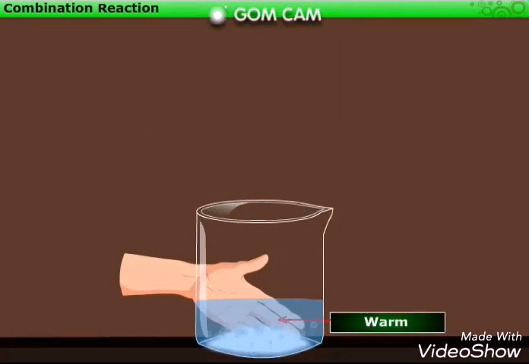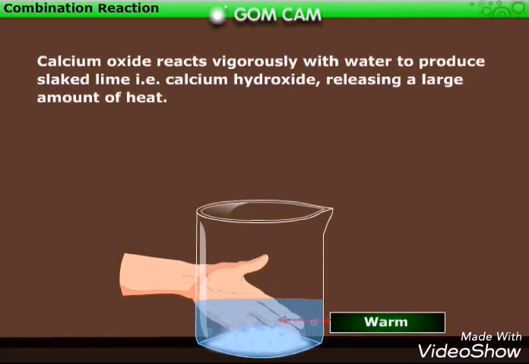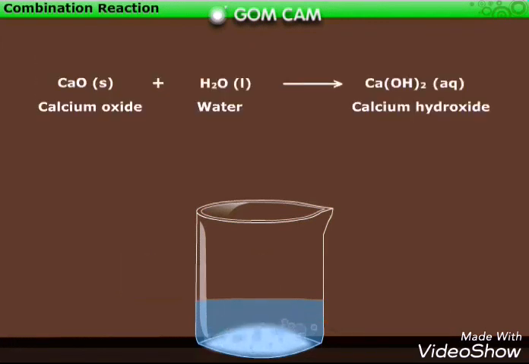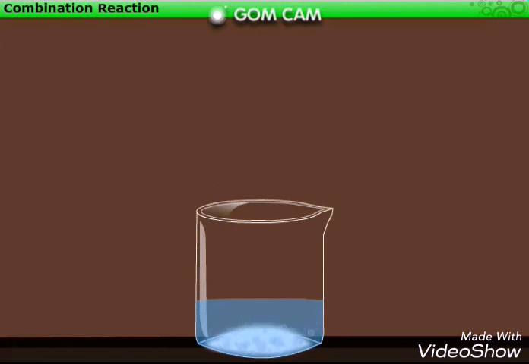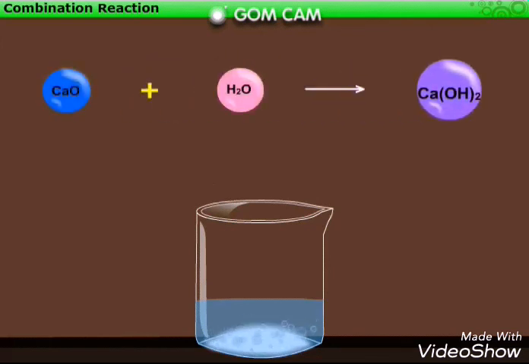This is because calcium oxide reacts vigorously with water to produce slaked lime, that is, calcium hydroxide, releasing a large amount of heat. In this reaction, calcium oxide and water combine to form a single product, calcium hydroxide. Hence, it is a combination reaction.